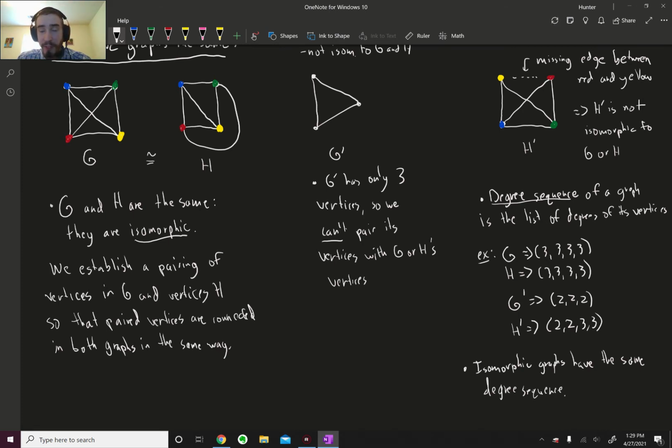As a corollary to that, if my graphs have different degree sequences, like H and H prime, then they must not be isomorphic. They cannot be the same because this list of the degrees of their vertices are different.